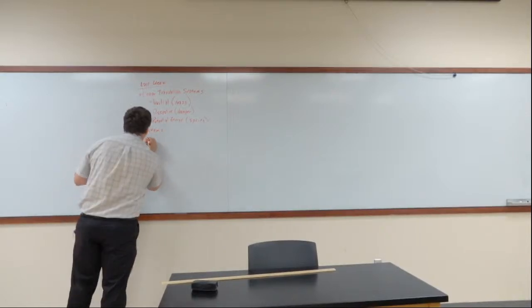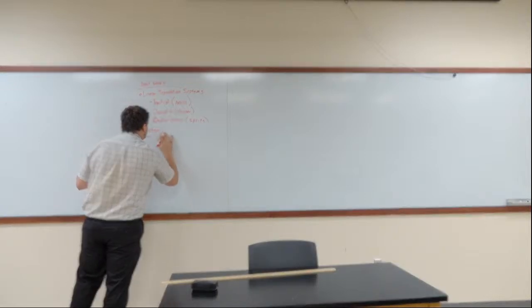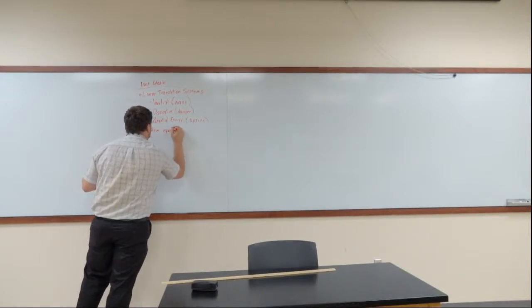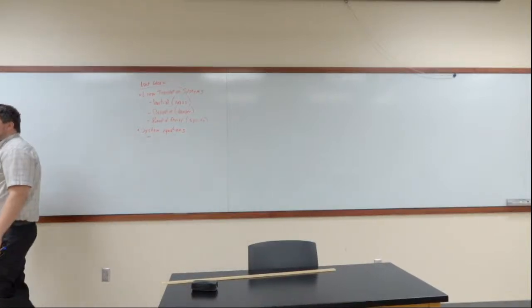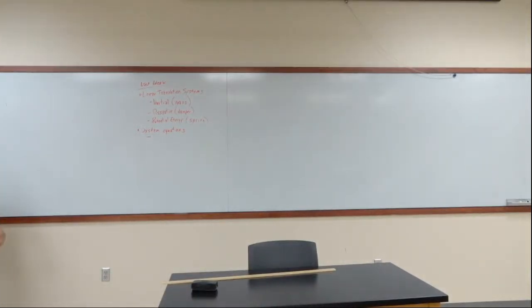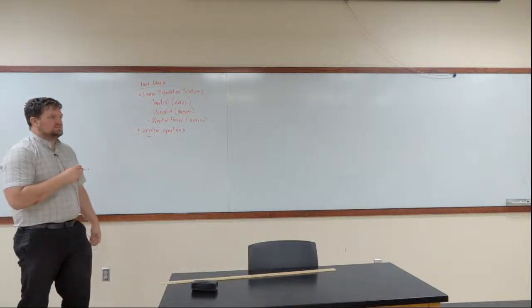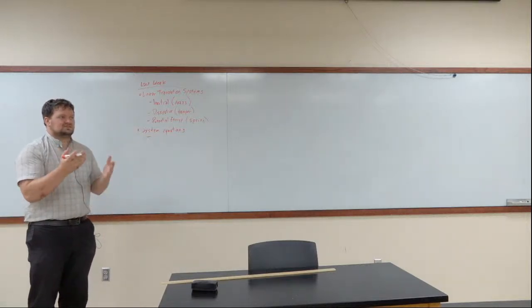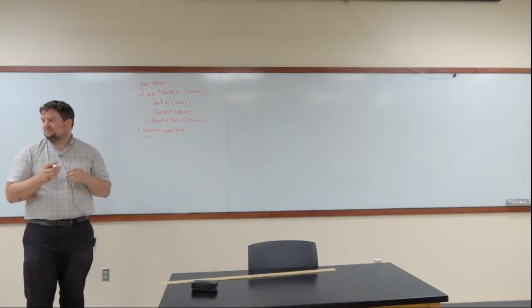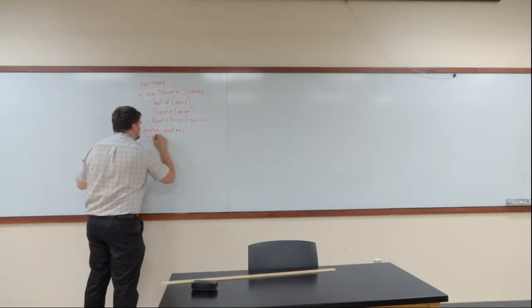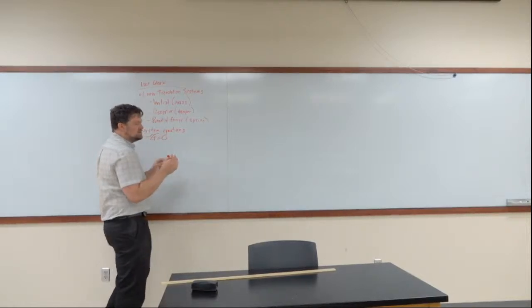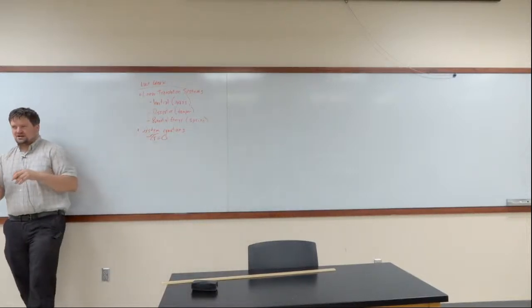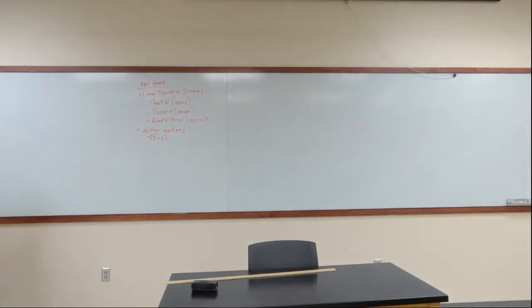Anybody remember the different system equations we have? Component equations are different than system equations. The sum of forces: you have the sum of the forces equal to 0. That's one of them. That also includes D'Alembert's force.